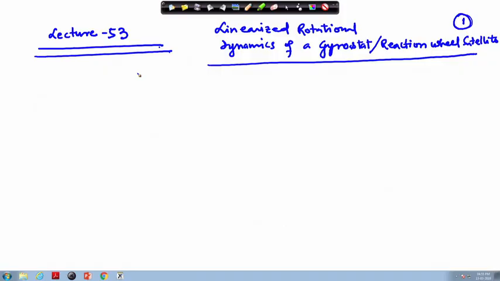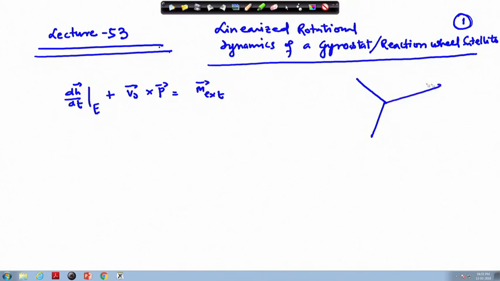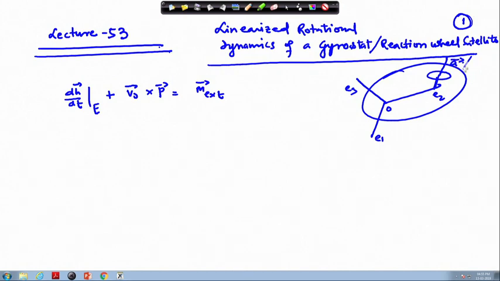So, last time we have worked out the body in which this is the point O, E1, E2 and E3, there is a gyrostat whose axis is here, and a unit vector is there, written in either this or this format.